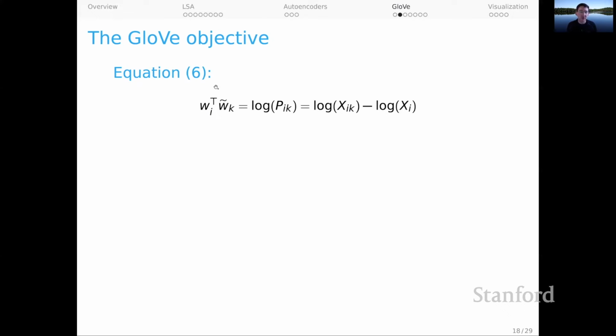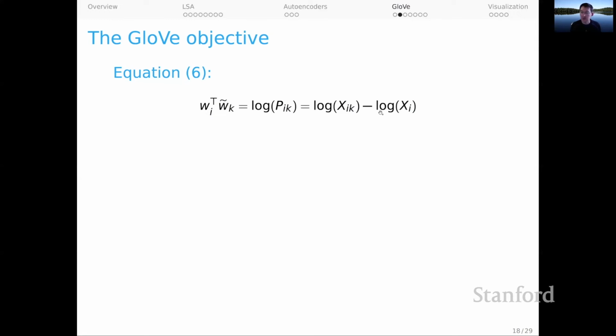And the goal is to learn to have that dot product be proportional to the log of the probability of co-occurrence of word i and word k, where the probability of co-occurrence is defined in the way that we defined it before when we were talking about row normalization. It's just done in log space. This is the co-occurrence count. This is the sum of all the counts along that row. And basically in log space, we're just dividing this value by this value. So keep that in mind.